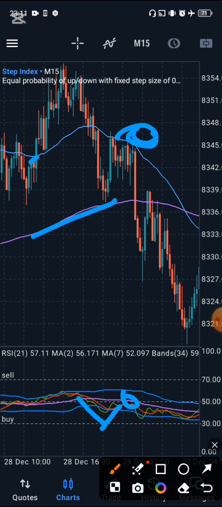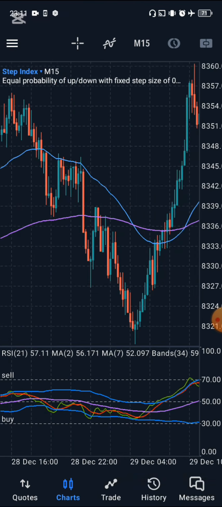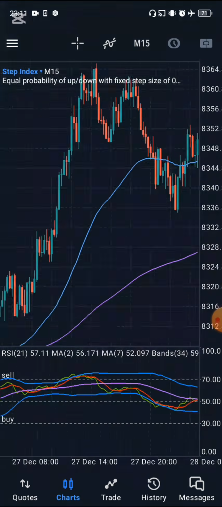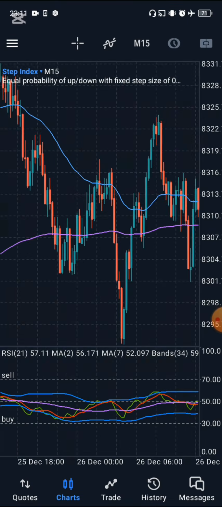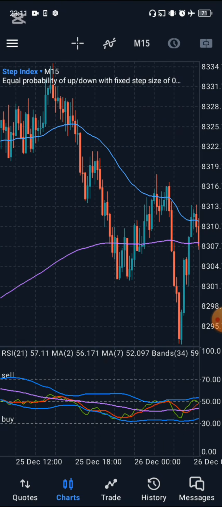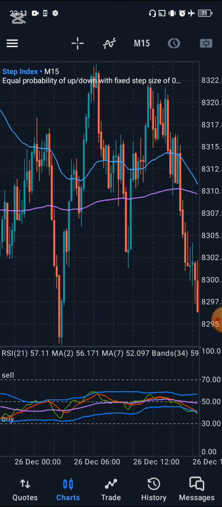Why? Because the moving averages crossed over to the upside, right? So we're not looking for our buying opportunities there, but as you can see, the trade actually worked, though we were not in it, right?